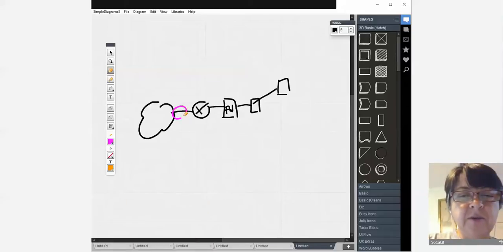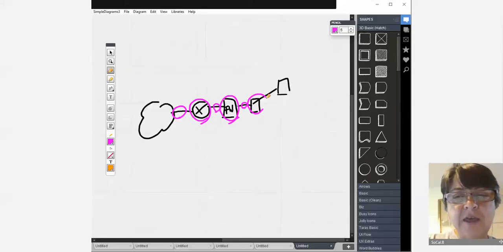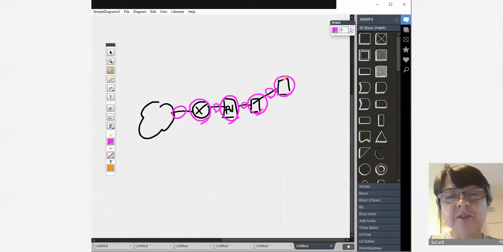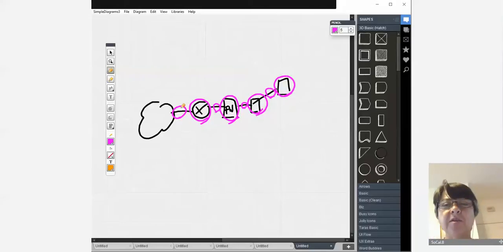That's a single point of failure, that's a single point of failure, and so on. These are all single points of failure. Okay, so how do you get rid of these things?